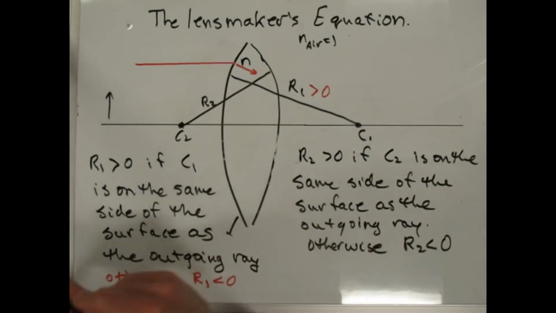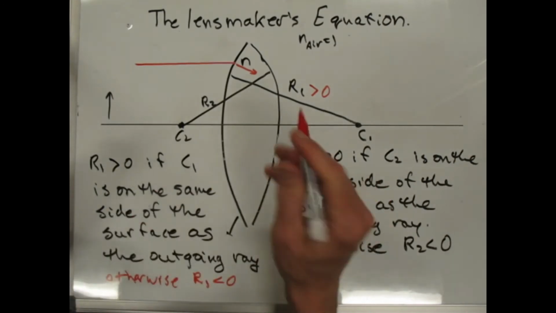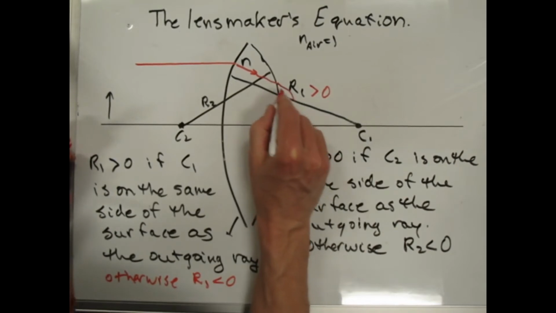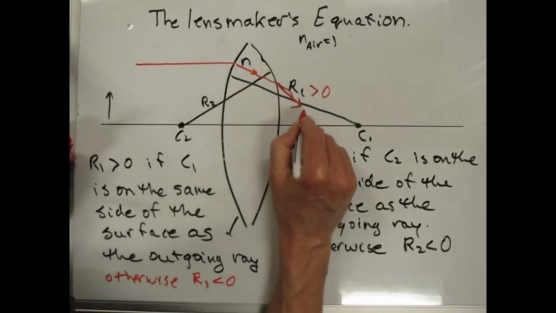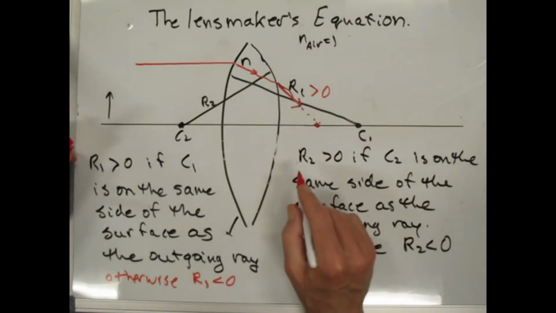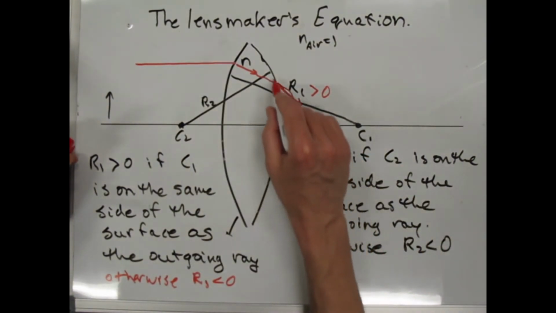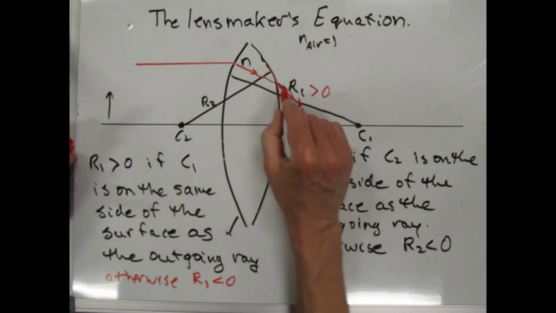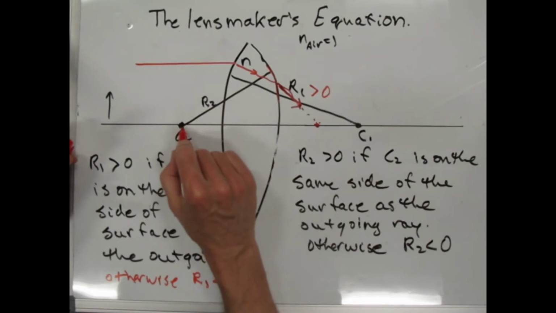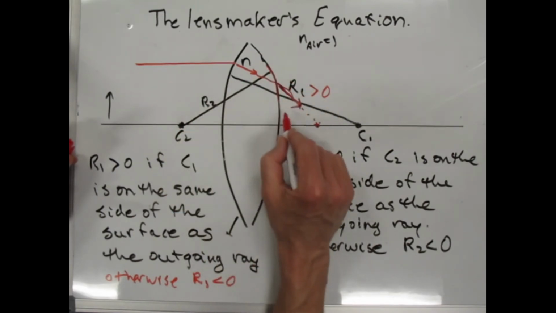So in this case, notice if I follow this ray on through, I don't know what it's going to do. It's going to bend here, something like that. It's going to keep going through, and then it's going to bend down some more, maybe, and it's going to come in here somehow, right? And so when I get to this surface, the outgoing ray is on the opposite side of the center of curvature for this surface.